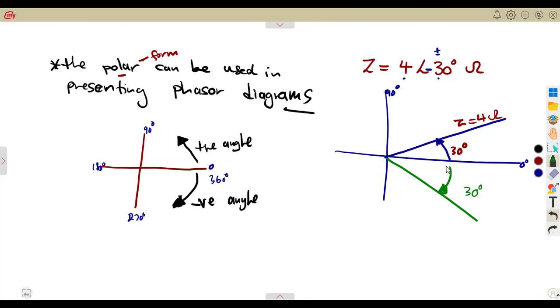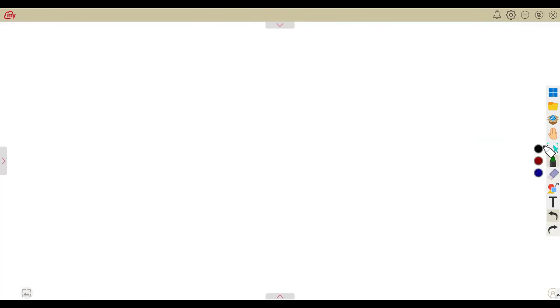What is important is the direction that you have taken your angle to. So if it was negative, we are going to have our Z this side. We are going to notice that in our presentation later on of this polar form. It will be important.